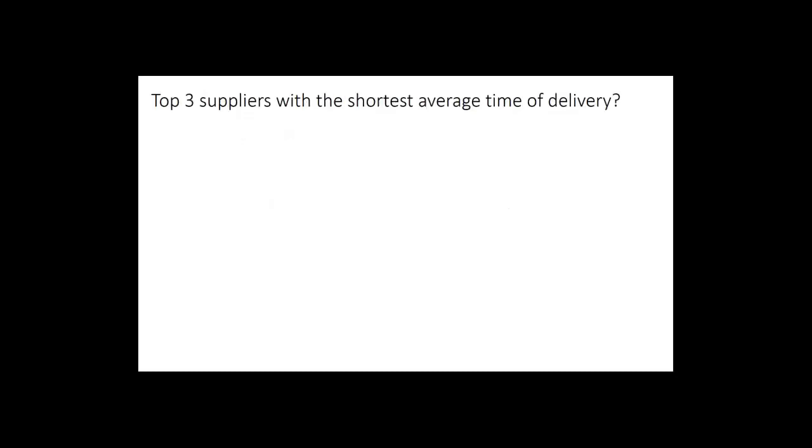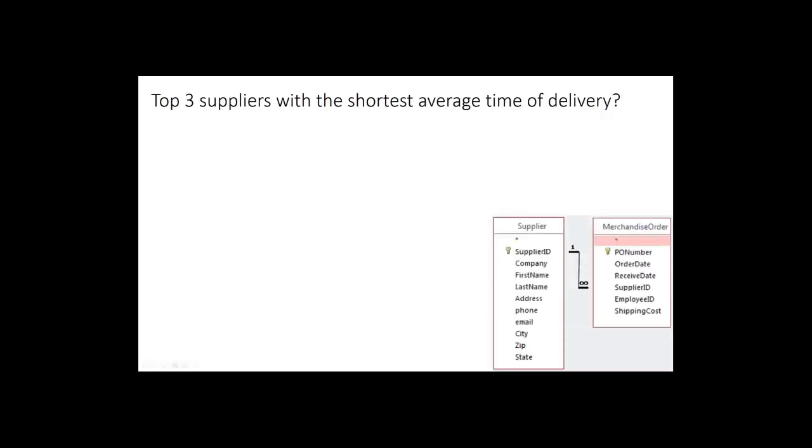Top 3 suppliers with the shortest average time of delivery. Well, here we need to calculate the average time of delivery for all suppliers and then compare them. Which tables are involved? In merchandise order, we have order date and receive date.